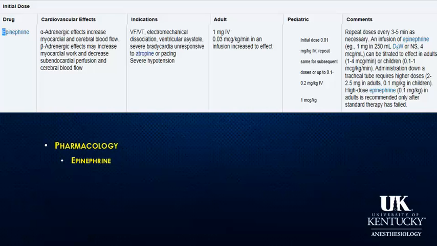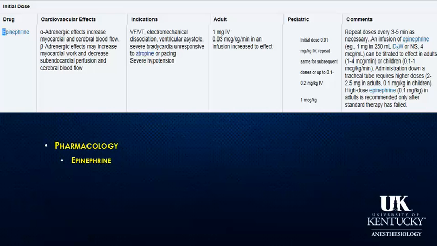The next few slides are reproductions of a table for specific drugs. The first one is epinephrine. As you're all probably quite aware, the alpha adrenergic effects are the desired effects of epinephrine. The indications are severe hypotension, electromechanical dissociation, ventricular asystole, severe bradycardia.